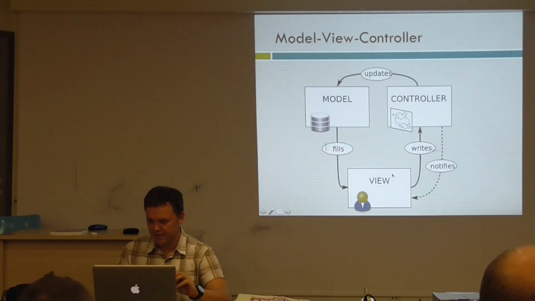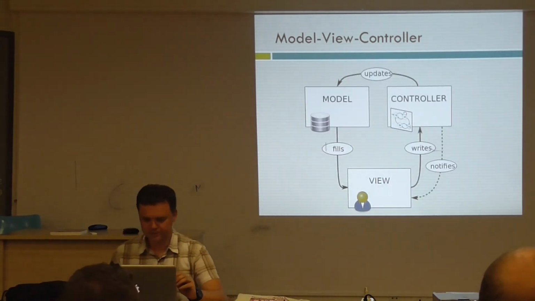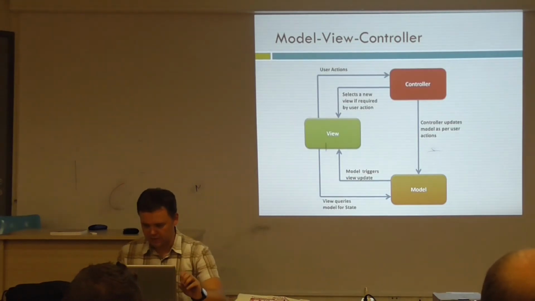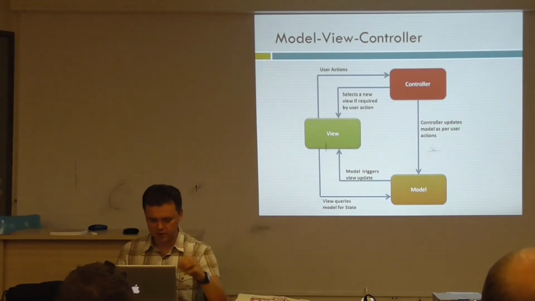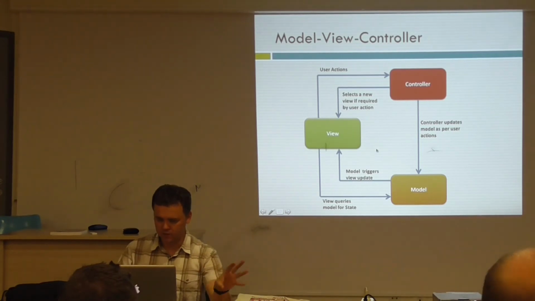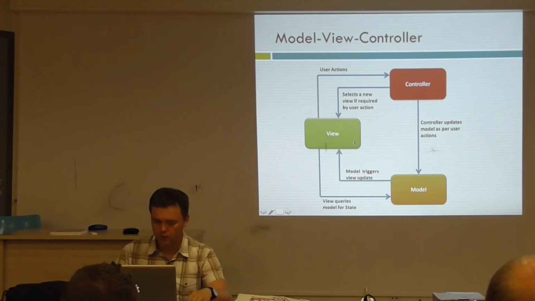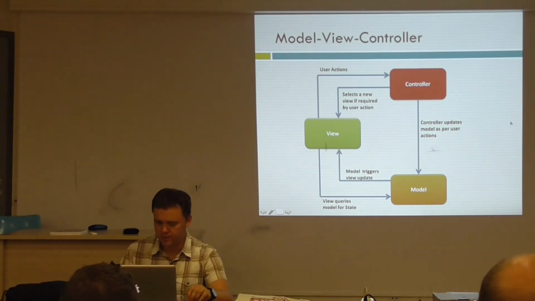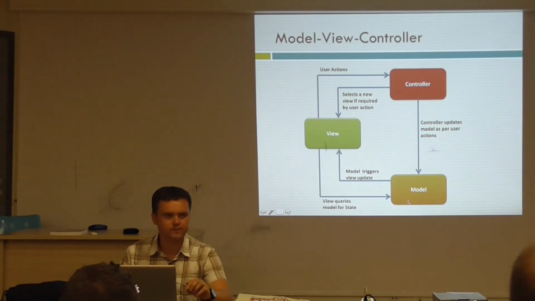Okay. In another picture, and maybe this is the last, the most interesting. So of course, view, user actions, controller, see something, press something, actions, change value, model triggers to update some view, maybe another view, okay, etc. So, do you have questions for that?